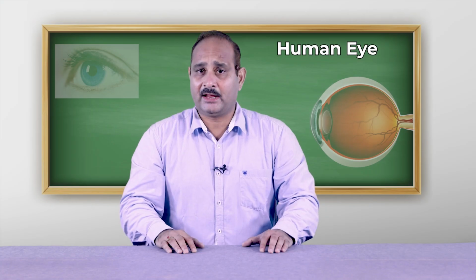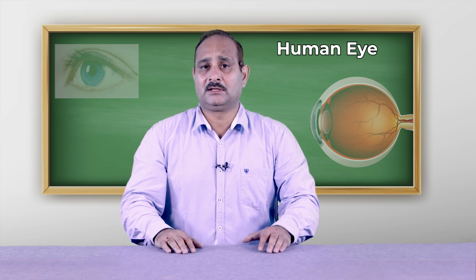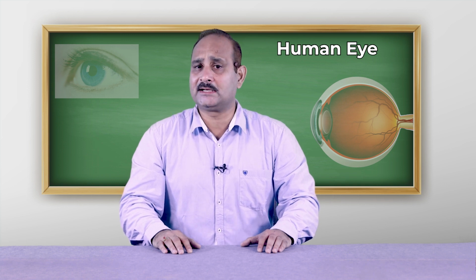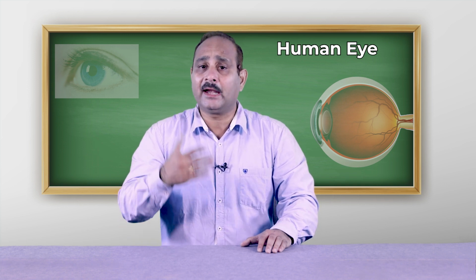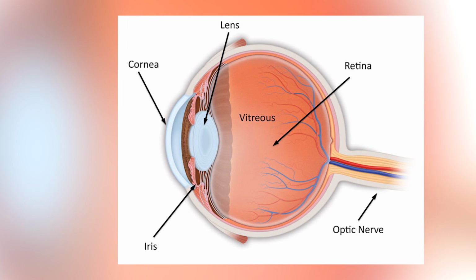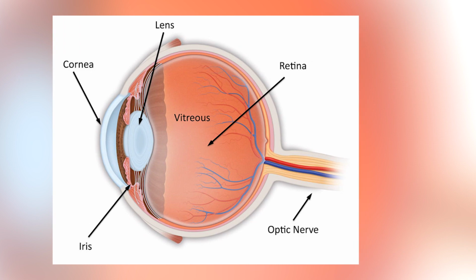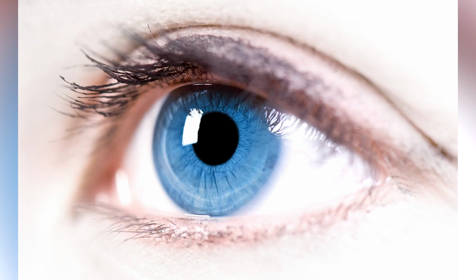Dear children, as I stated earlier, the eye lens forms an inverted real image of the object on the light sensitive screen called the retina. Retina is a delicate membrane having an enormous number of light sensitive cells. The light sensitive cells get activated upon illumination and generate electric signals.